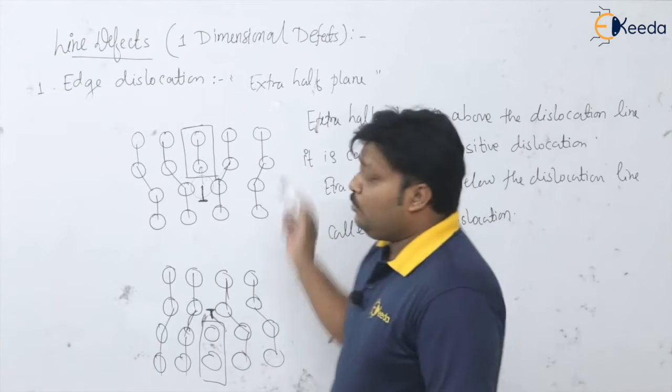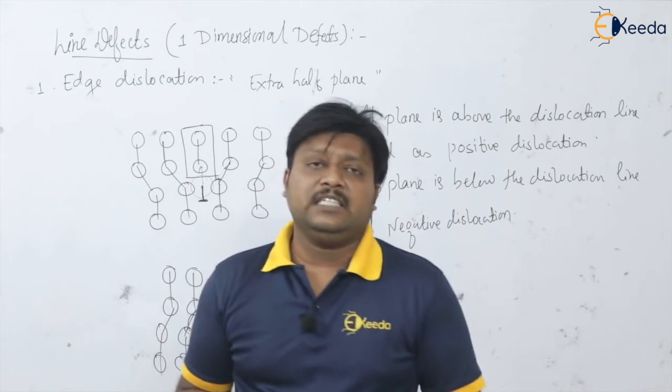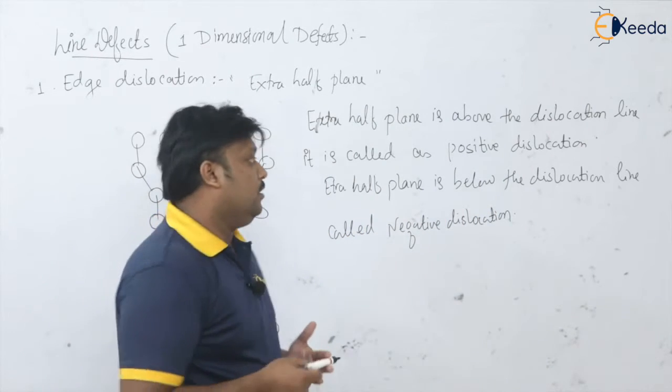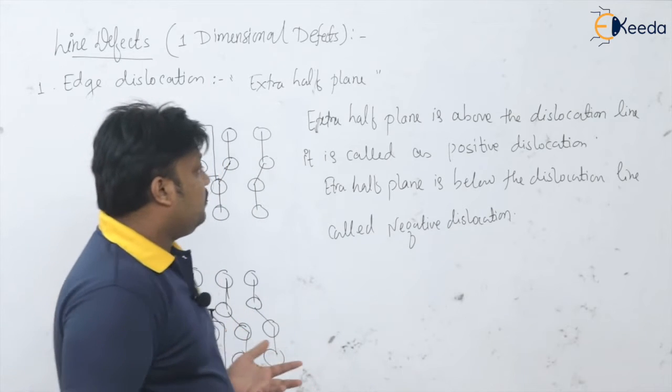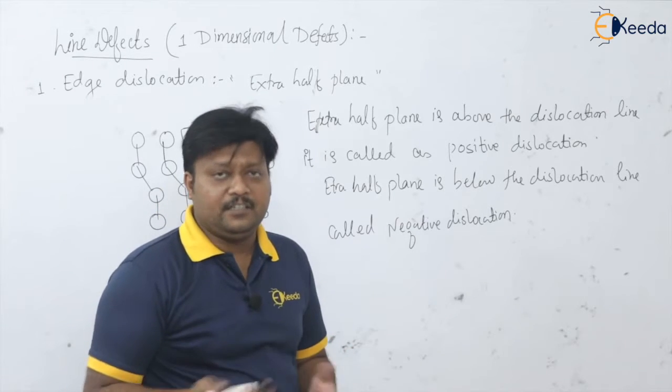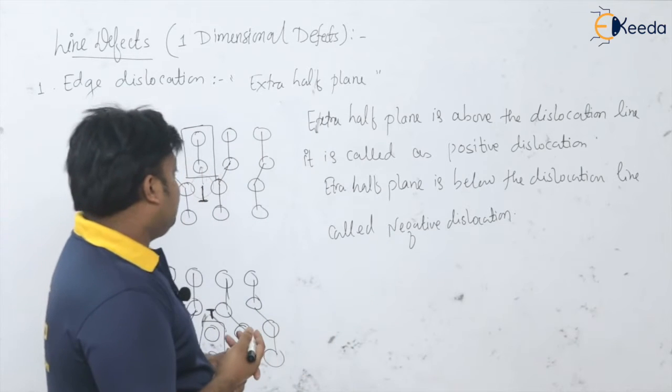Okay, so please remember that this dislocation line can also be referred to, or we can also call it, the Burgers vector. So what is this Burgers vector actually?